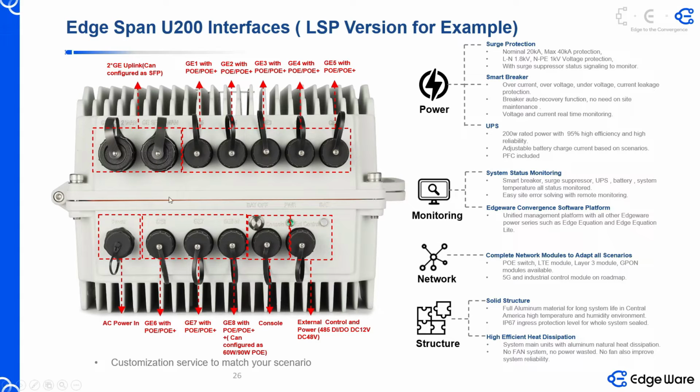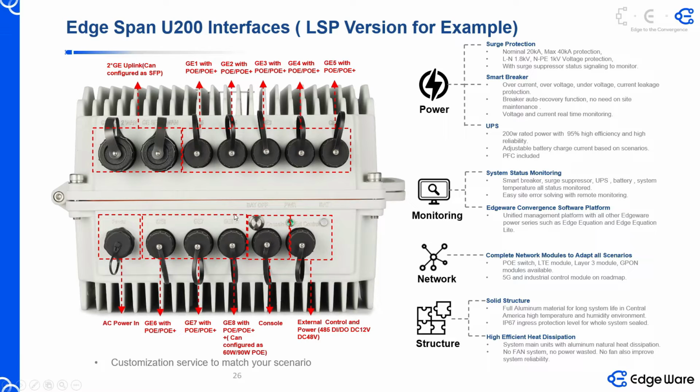In this module, we have two interfaces with 2G uplink, which is an SFP, so it's fiber, and it can be BiDi fiber or normal fiber. Then we have eight G ports here, 1 to 8, and 1 to 7 are PoE and PoE+.